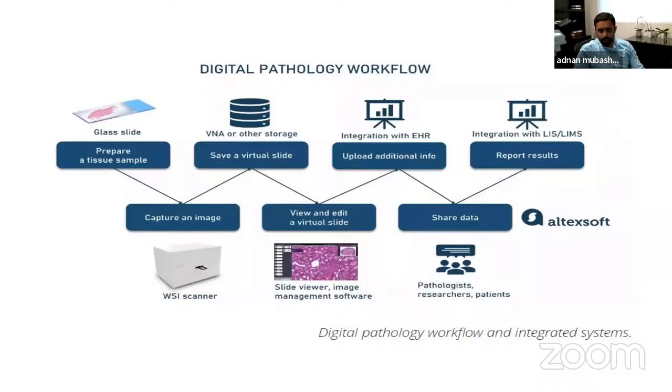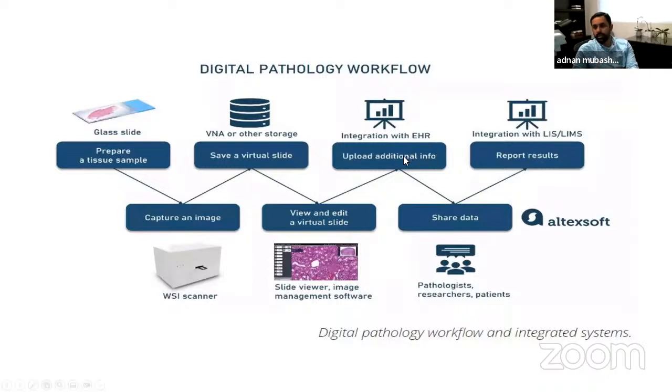So you make this glass slide, and once the tissue is prepared, those slides are then scanned using a whole slide scanner, and this will create a virtual slide. That virtual slide is stored in a database, and through that database, using different software, you can view those slide images, and then you diagnose based off of the data that is provided.